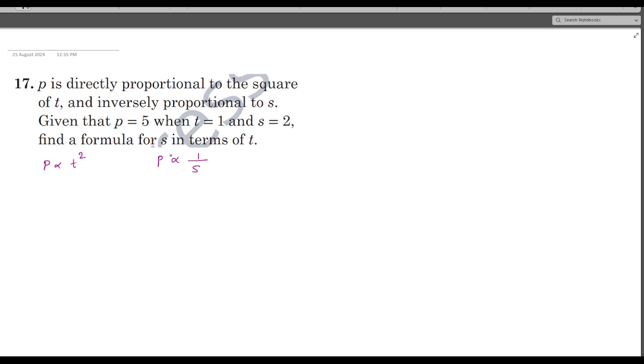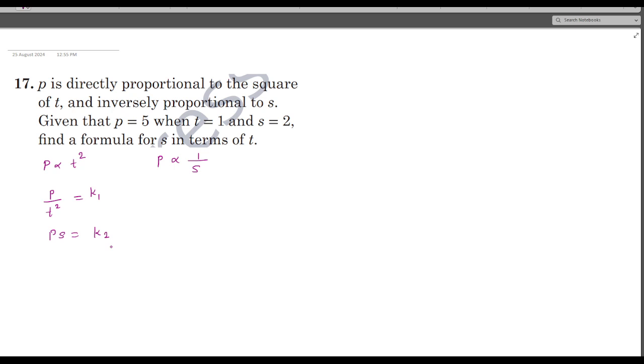Now what we can do, we can say here that p divided by t square is a constant, say k1, and p times s is a constant k2. So when it is inversely proportional, we multiply that ps and that is equals to k2, and p divided by t square is equals to k1.